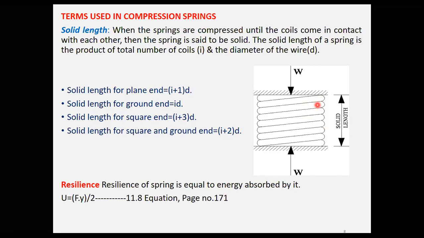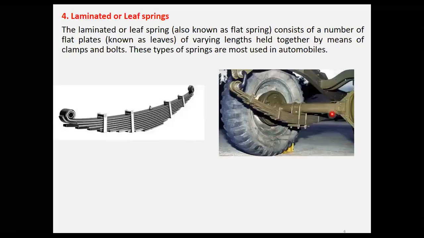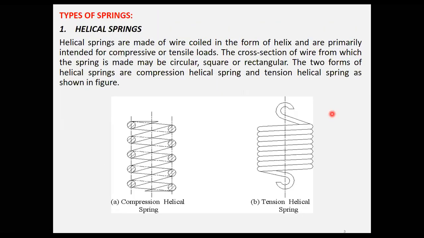Like that you need to compress it. After that, whatever length you measure is called the solid length. For example, here you can see that in this, the spring is compressed. If you measure this, it is called the solid length.